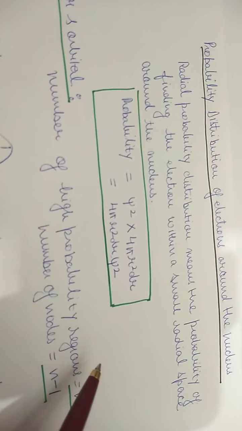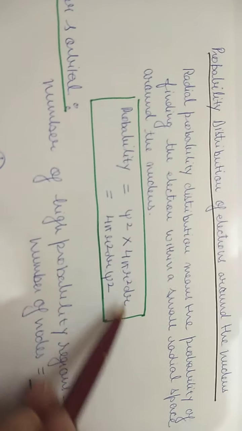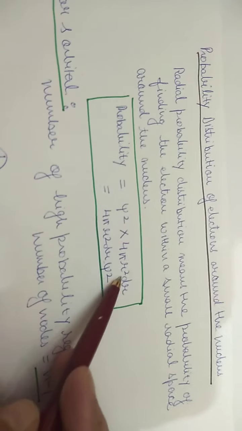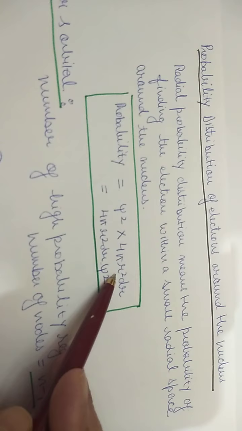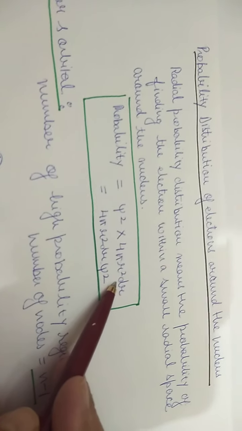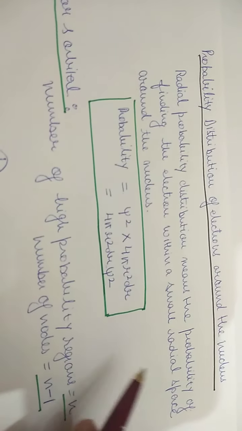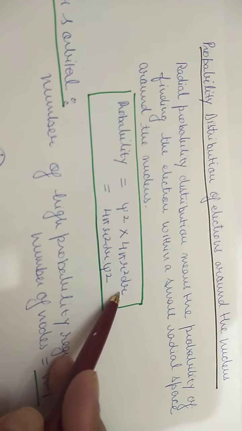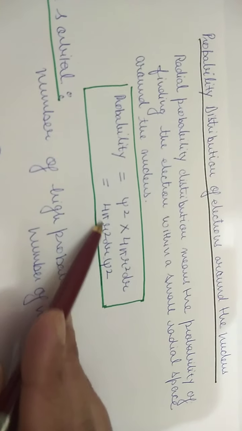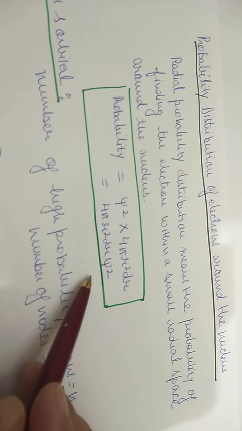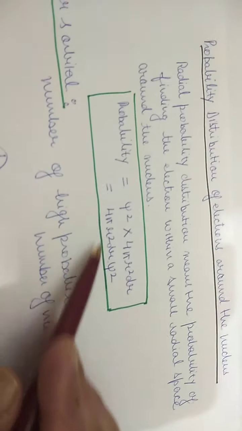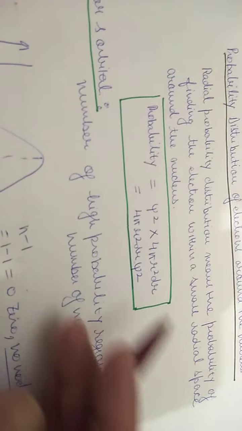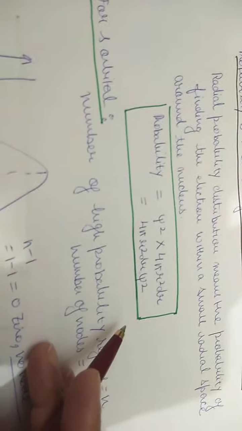The area of a sphere is 4 pi r square, and dr is the element of radius or distance from the nucleus that we multiply it with. So 4 pi r square dr psi square is the probability distribution of the electron around the nucleus.